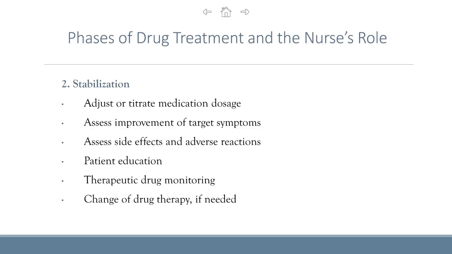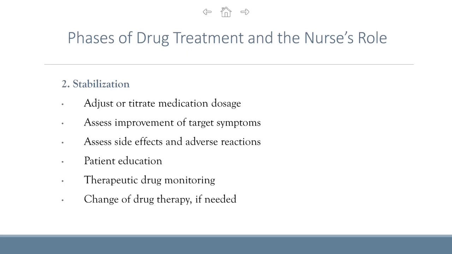The stabilization phase is the time where we adjust or titrate medication dosage based on the patient's response, assess improvement for the target symptoms, assess any side effects or adverse reactions, and give patient education on their medications, on their diagnoses, and on the side effects, adverse reactions, or toxic effects to look out for, depending on the medication that they're on.